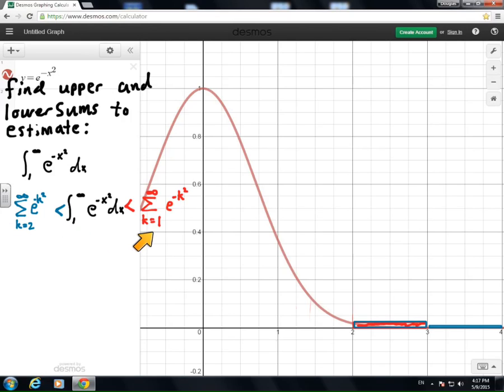Instead of starting at k equals 1, we're going to start at k equals 2, so that's 1 more than over on this side, and that's going to represent our lower boundary. So this is the upper sum, and this is the lower sum as boundaries. If I could figure out a way to calculate this sum and this sum, then I would be able to eventually get a good approximation for the value of this integral.